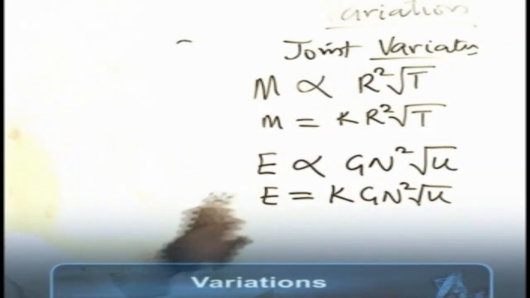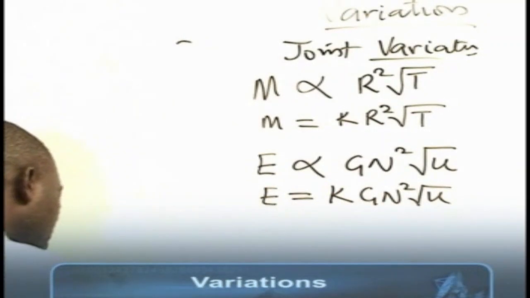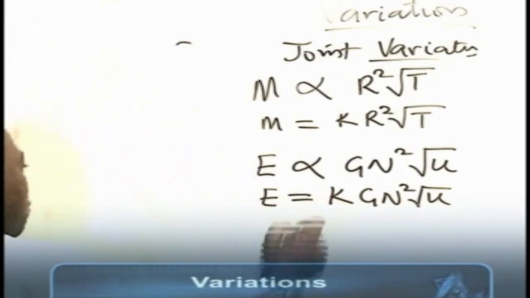So the first thing you try to do after you have gotten this kind of connecting relationship is to determine the value of K.